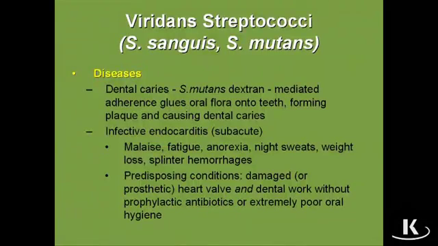Now, disease, we mentioned dental caries, very common cause of dental caries or cavities. And they may not say, hey, viridans strep, but they might list the species. So some of the species you should be aware that are in that group are Streptococcus sanguis and Streptococcus mutans, okay? Those are some of the common viridans strep.